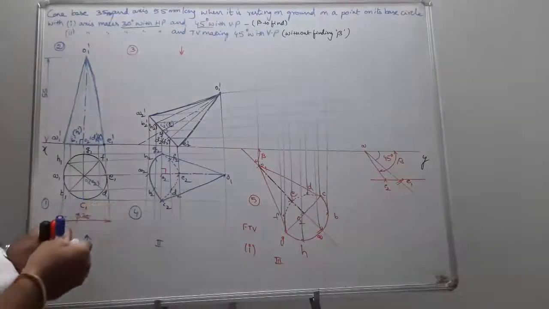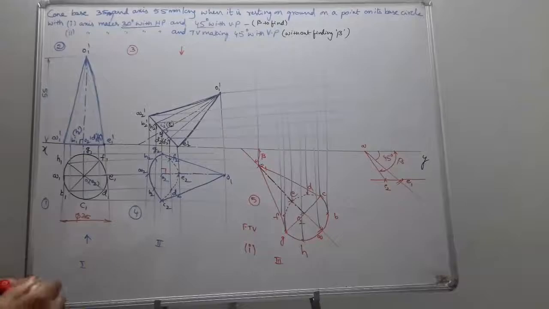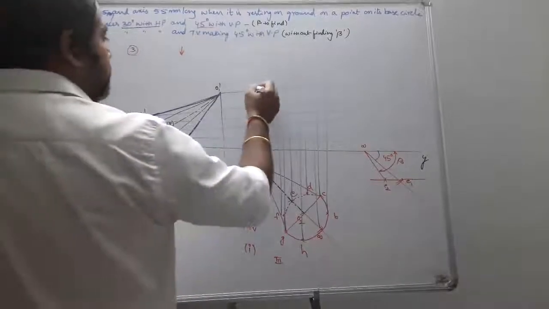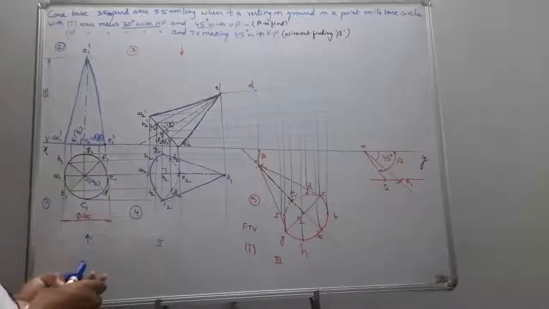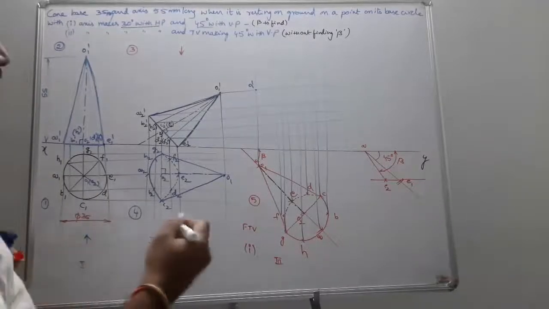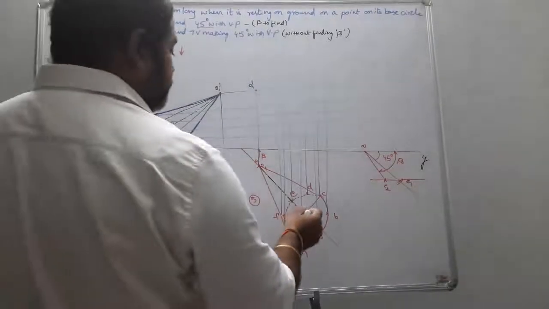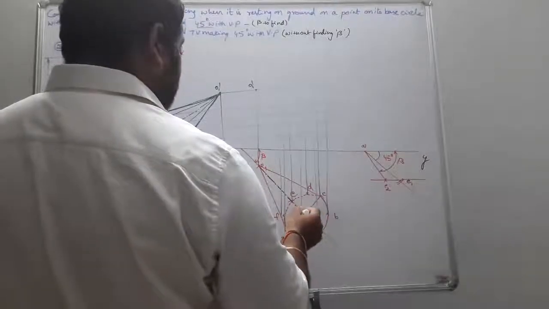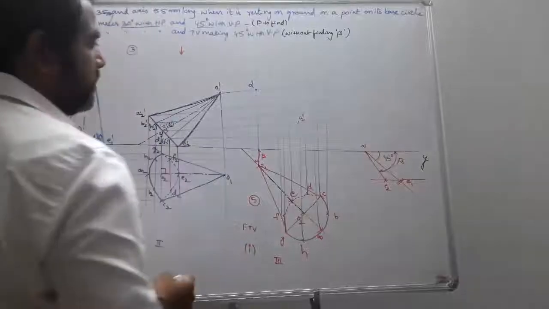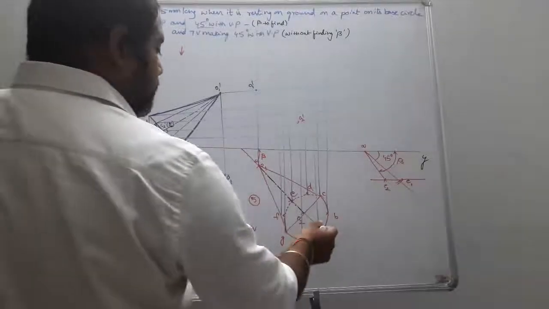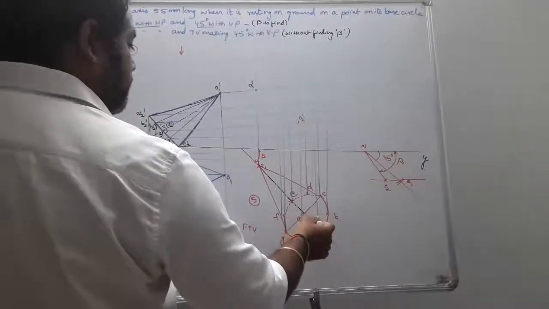Now mark the intersection points. So this is 1 dash, so 2 dash.